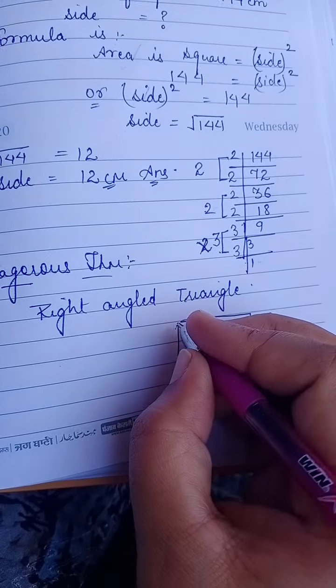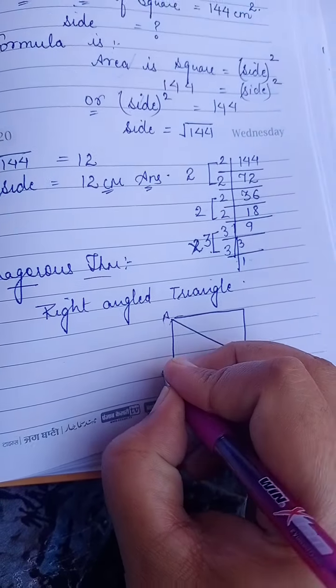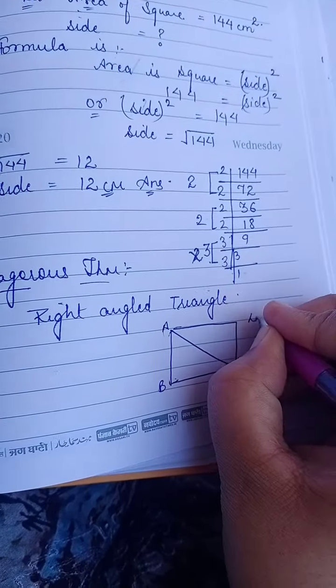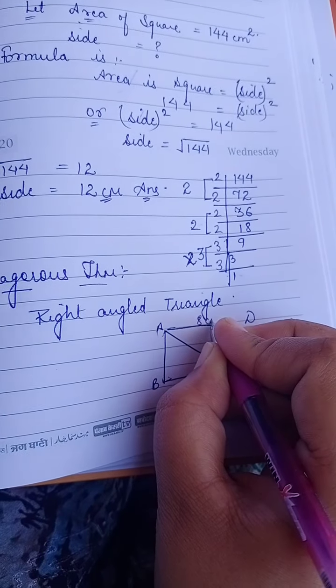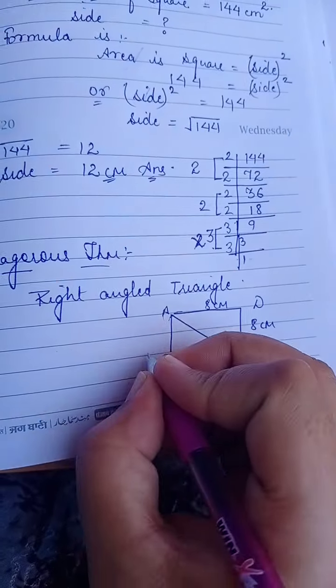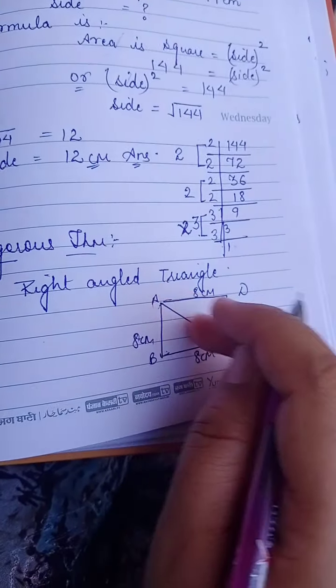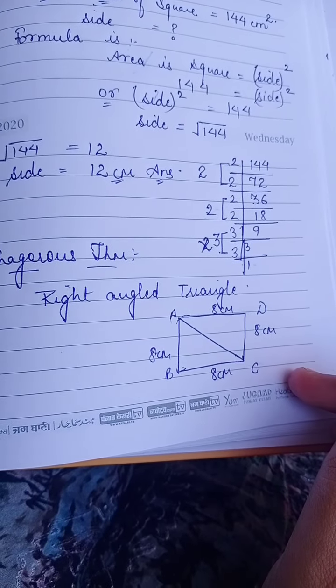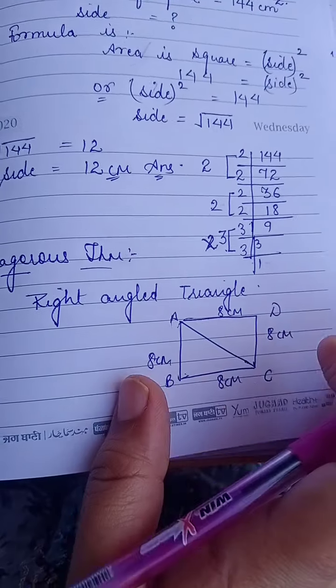A, B, C, D, all sides are equal: 8 centimeters each. You have to find the diagonal. This is called the diagonal, AC.